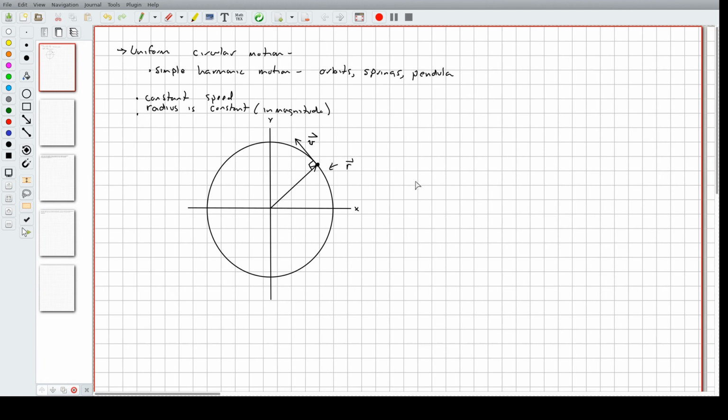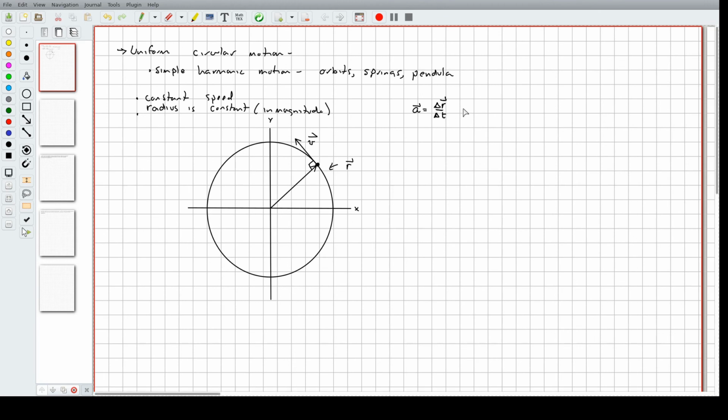Okay. Now, what I'd like to do is derive the acceleration felt by this thing as it goes around. I want you to remember, and we're going to use the average acceleration version of this just momentarily, that acceleration looks something like how your position changes over time.